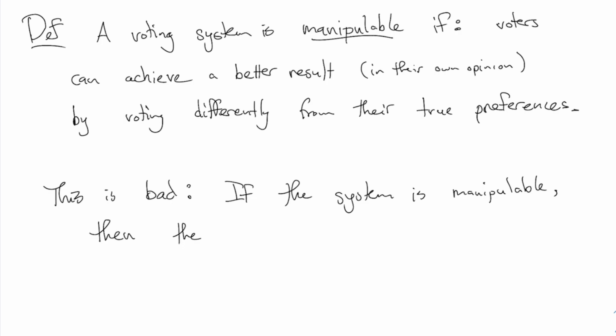You also have to think about what is the best strategy that I can use to cast my vote in a way which leads to the best outcome for me. And this may not be the same as my true preferences.